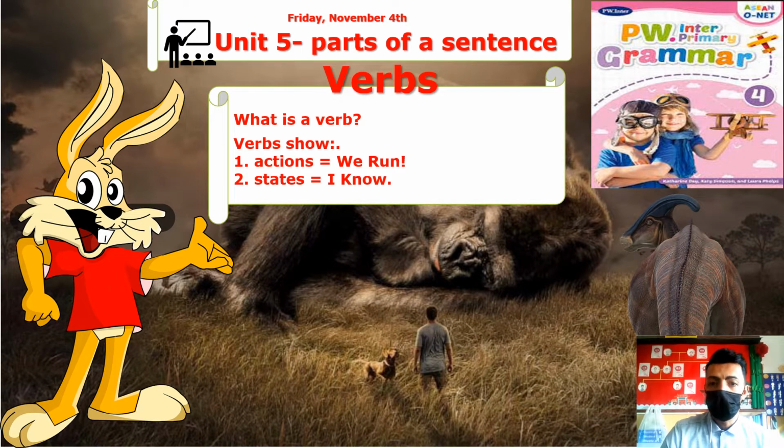We all learned that subjects can be nouns or pronouns. The subject is the person or the thing who is doing the action. I know. I is the subject, know is the action. This is a state verb.